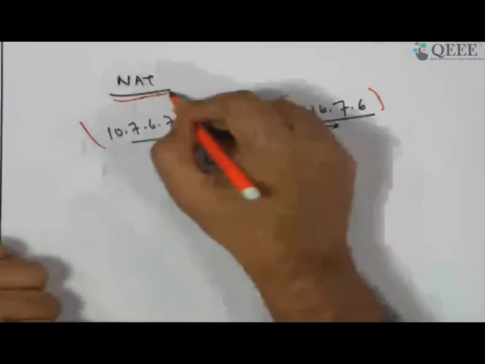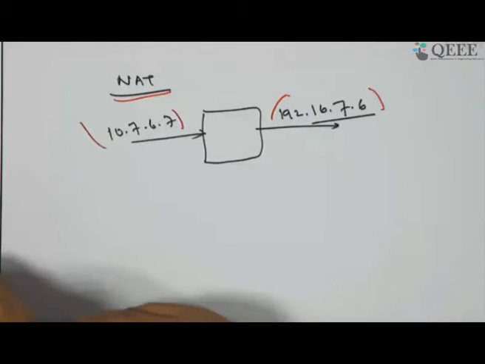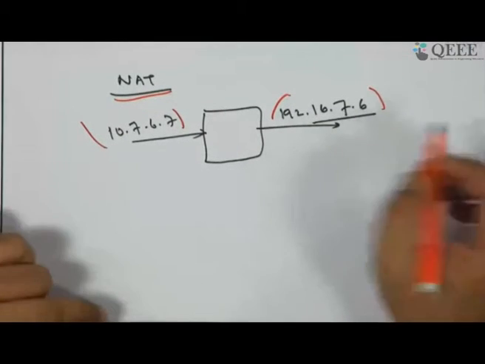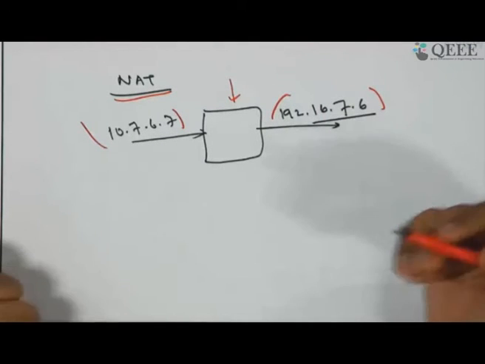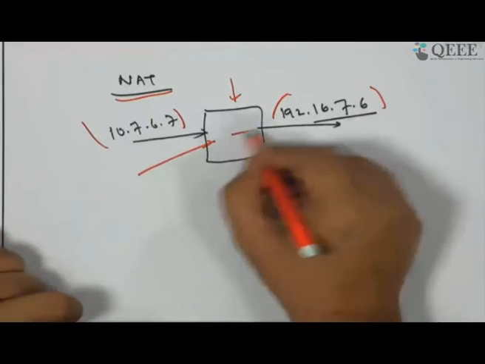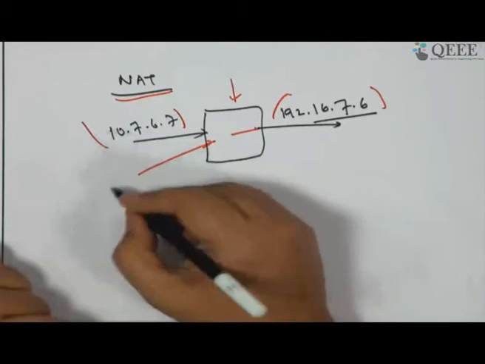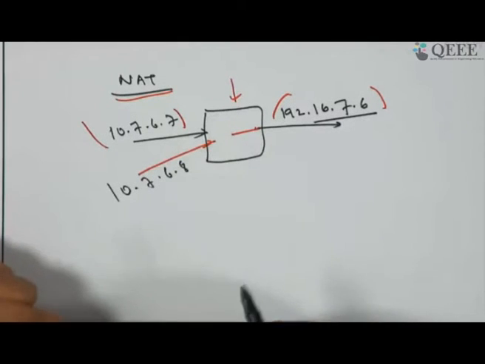So the NAT translator does this. This is fine, but the question would be that many others, like another 10.7.6.8, will also get the same address.